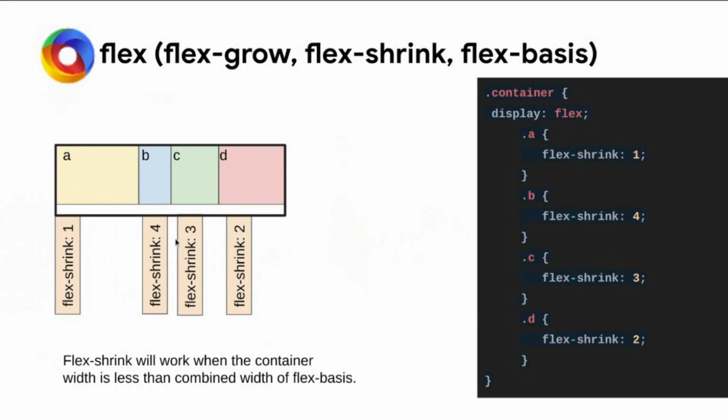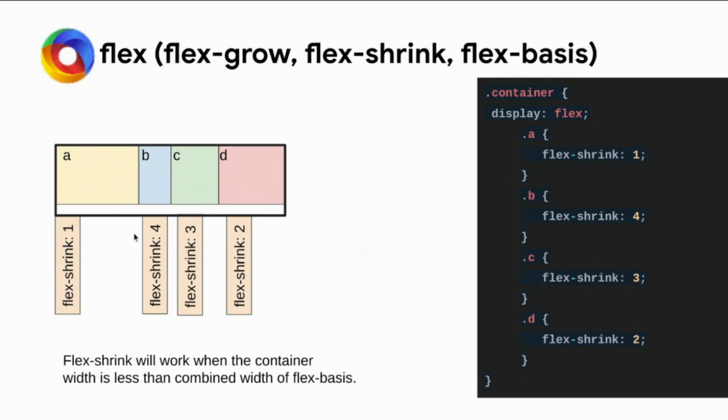If I put shrink 4, what does it say? That it will shrink 4 times more than the one which has shrink 1. I put shrink 1 here in the A part, so say this is right now 200 pixels. This one would shrink by some 20 or 40 pixels, and this would be 4 times more, that is 80 pixels.